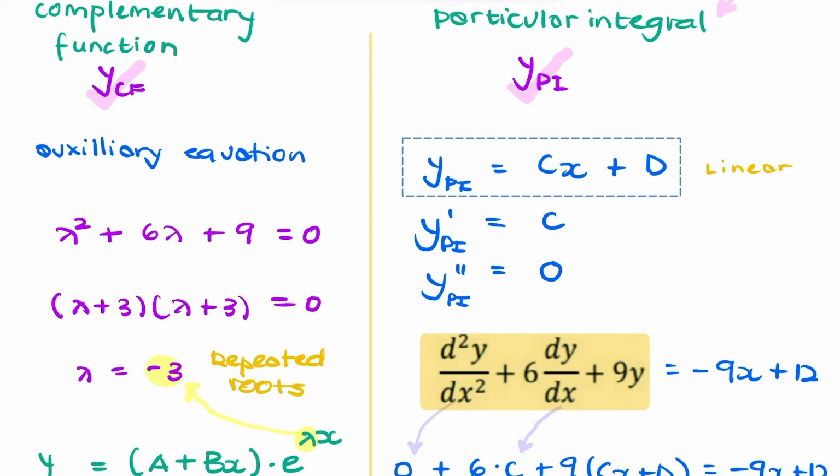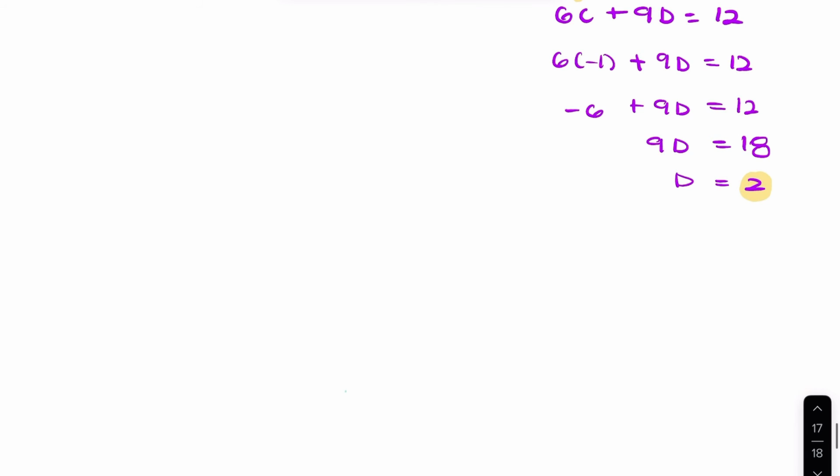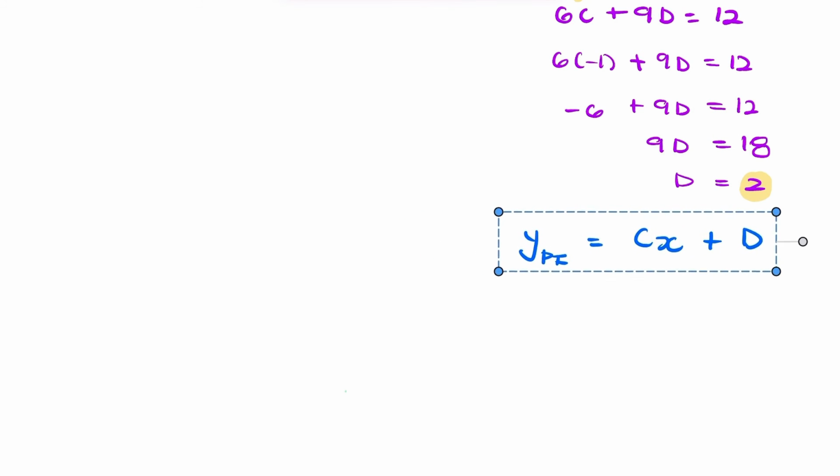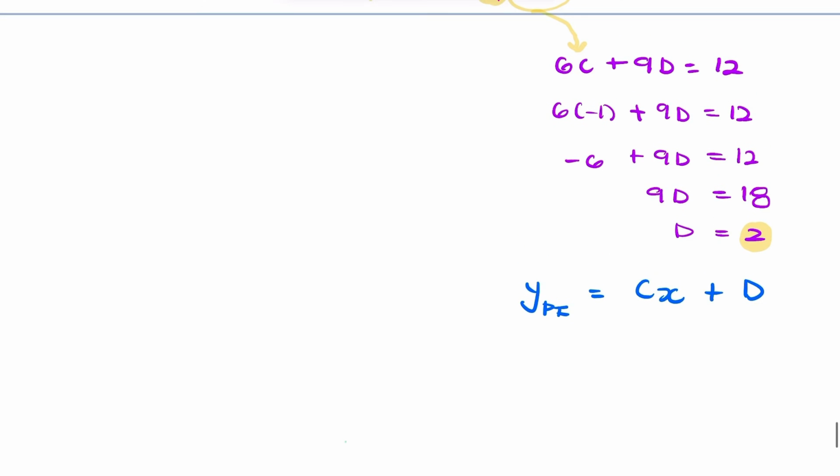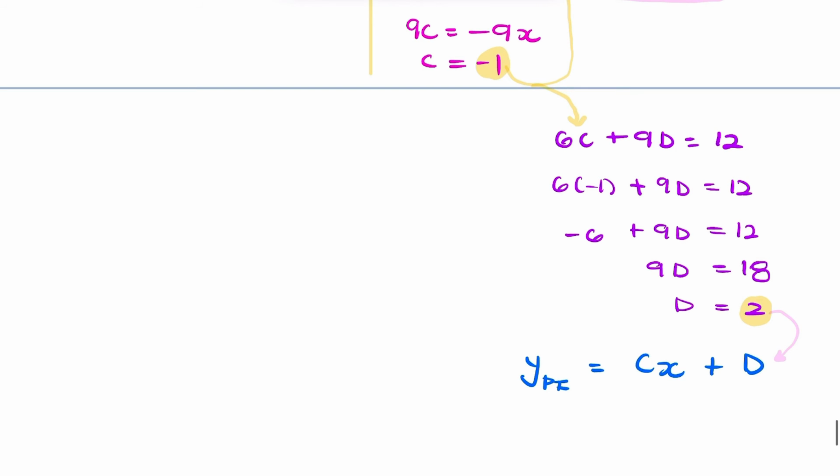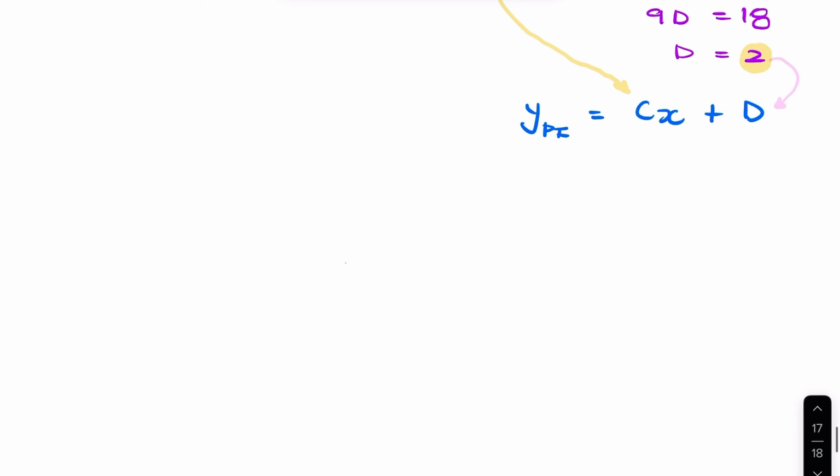So now we know d and c, we can write the expression for the particular integral. So YPI, because we know c and d, we can write that out as such. So we can put the values that we just found. So the d goes in there, and the c that we found goes in there. So my YPI, my particular integral, my specific solution, is negative x plus 2.